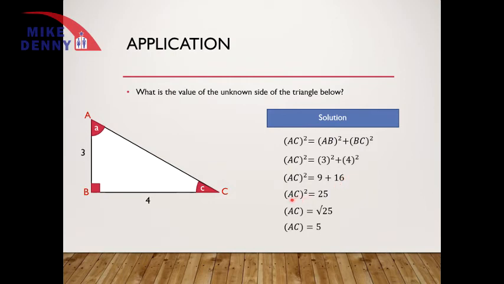AC squared equals 9 plus 16, which is 25. To arrive at AC, take the positive square root of 25, and the answer is 5. So we have determined the unknown side by applying Pythagoras' theorem.